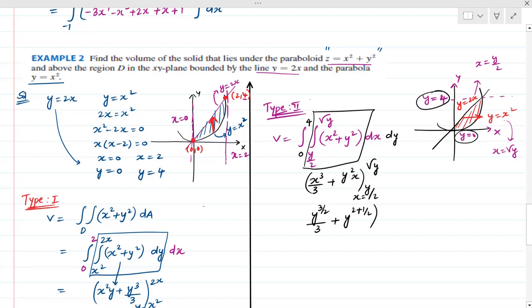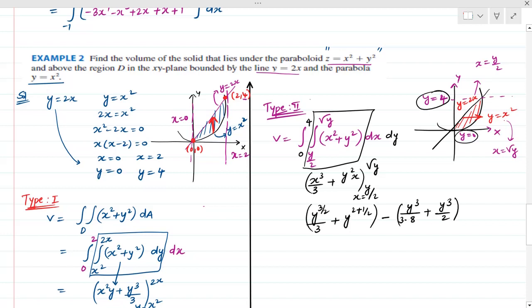So this is the upper limit minus the lower limit. When you substitute the lower limit, y power 3 over 8 into 3 we have outside here, plus y square into y over 2, it is y power 3 over 2. So this is just a limit substitution.